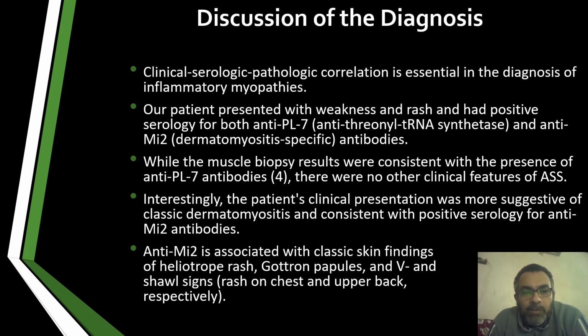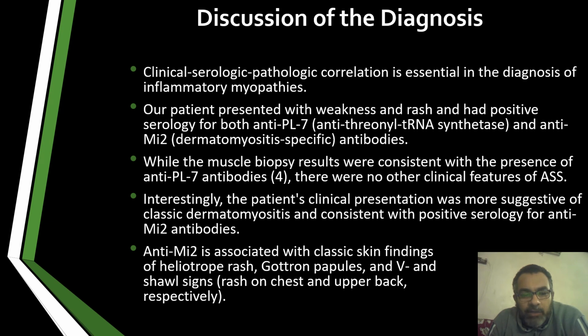Our patient presented with weakness and rash and had positive serology for both anti-PL-7, anti-threonine tRNA synthetase, and anti-Mi2 dermatomyositis specific antibodies. While the muscle biopsy results were consistent with the presence of anti-PL antibodies, there were no other clinical features of ASS. Interestingly, the patient's clinical presentation was more suggestive of classic dermatomyositis and consistent with positive serology for anti-Mi2 antibodies.